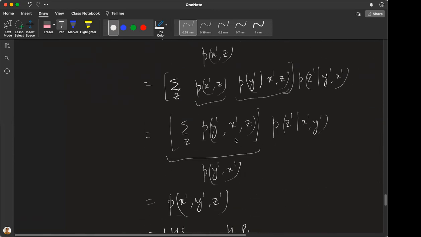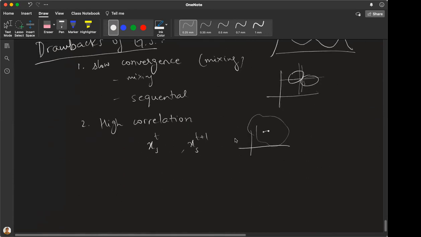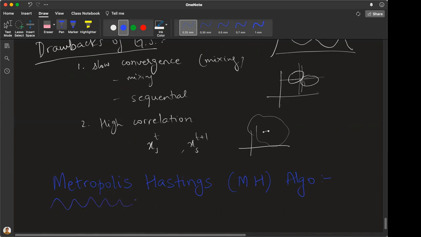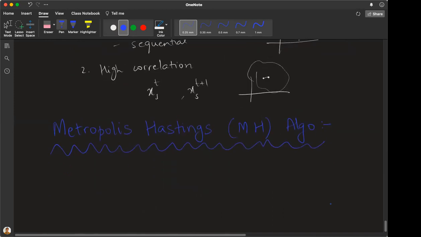Very good. That method is very popular and it is known by the name MH algorithm, or Metropolis Hastings algorithm. So what is Metropolis Hastings?